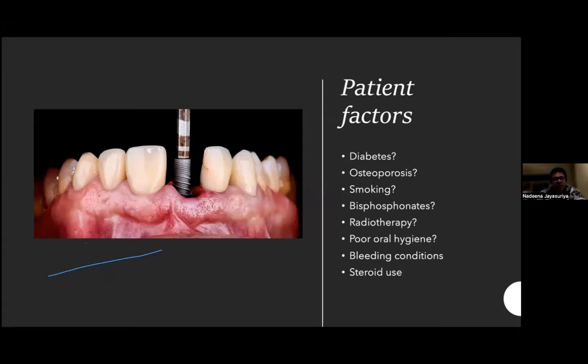So there are absolute contraindications like radiotherapy. Others are with caution, but always you have to discuss with the patient and understand the patient is consenting and understanding the risk of failure, if at all.